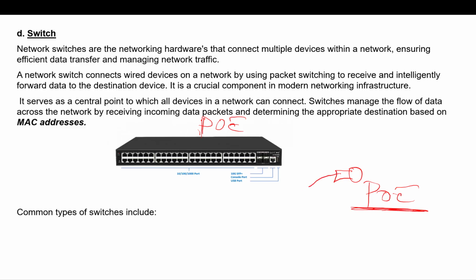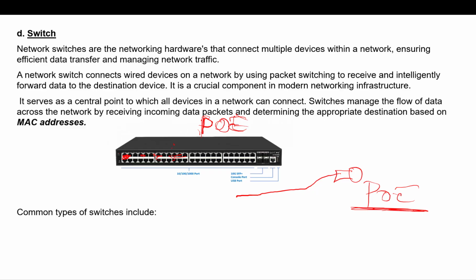That means if you put an Ethernet cable and connect it to a switch with power over Ethernet, the switch also gives current through the port. So it transmits current, and it also transmits data.